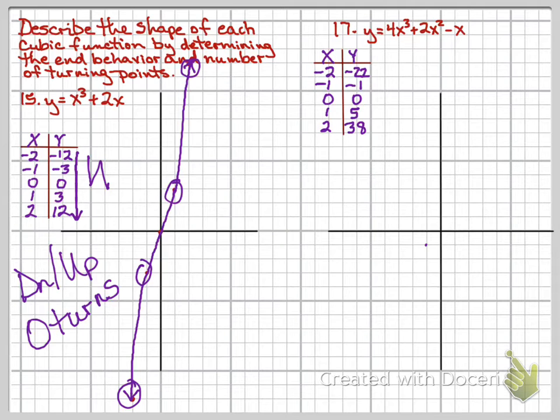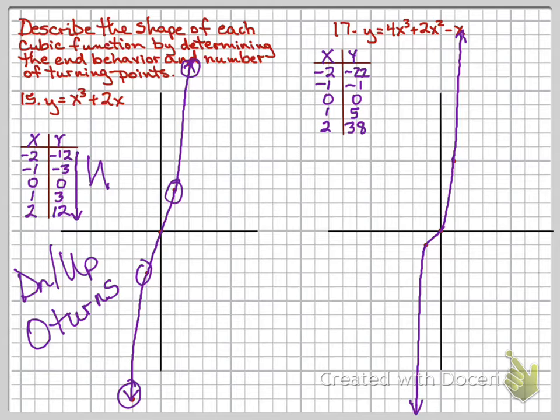So we're going to do the -1, -1. Let's get those points in here. 0, 0. And then we have 1, 5. And then it's going to go really high up there.